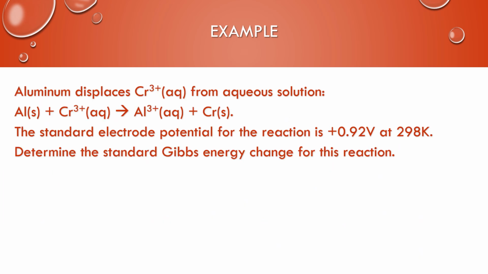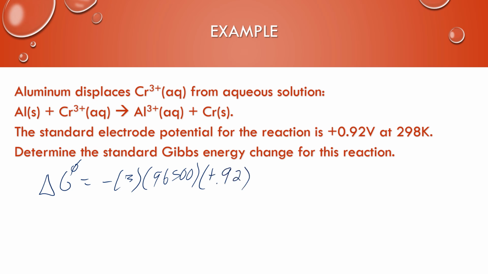And here's one more example. If aluminum displaces chromium ions from an aqueous solution following that equation, then the standard electrode potential for that reaction is positive 0.92 volts. So a voltaic cell again. Determine the standard Gibbs energy change for this reaction. So negative n F E, this is a 3-electron process because you're going from +3 to 0 for chromium, 0 to +3 for aluminum. Faraday's constant is 96,500, and our cell potential is positive 0.92 volts.